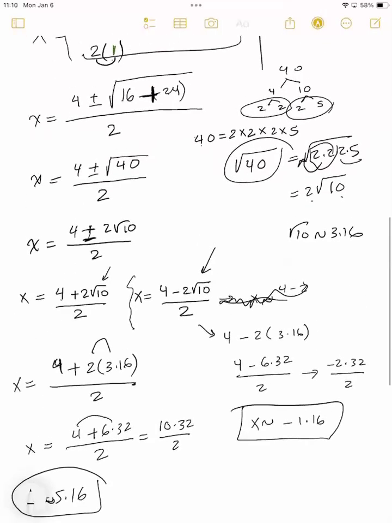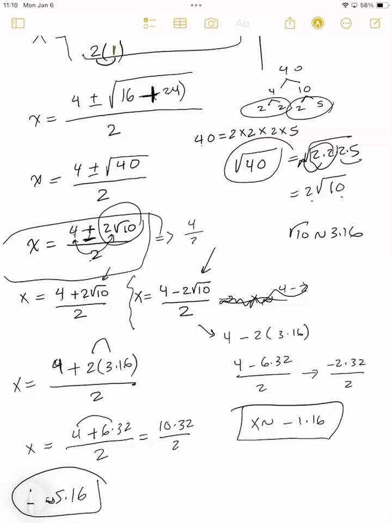And sometimes they want you to find the answer like that without estimating it. And when they want you to do that, you have to remember this 4 is being divided by 2, and then this other term is being divided by 2. So you say 4 is being divided by 2, plus minus 2 square root of 10 is being divided by 2.